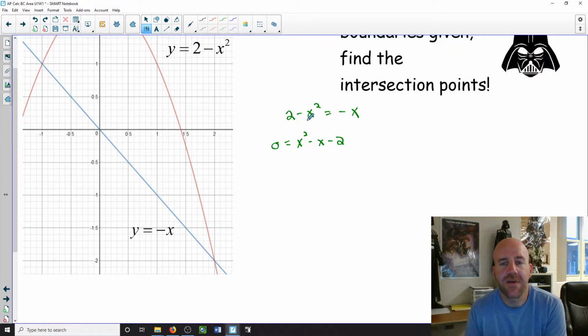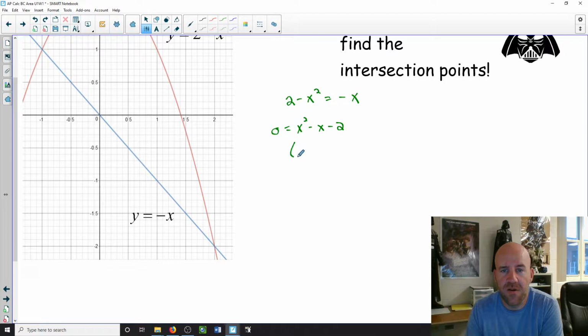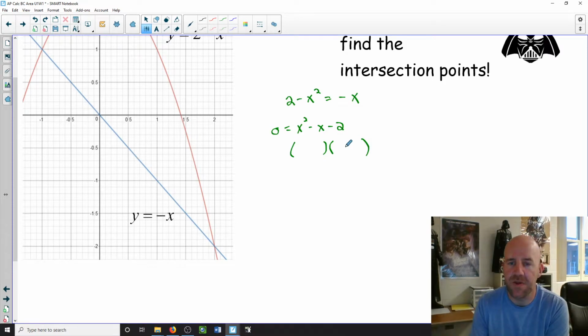Apologize, it's kind of hard writing with a mouse. So now we have x squared minus x minus 2. We can factor this. We've got to remember our factoring skills. This one's a pretty basic factoring problem. Sometimes it'll be a little harder, so we have to remember, and we'll look at that throughout the year.